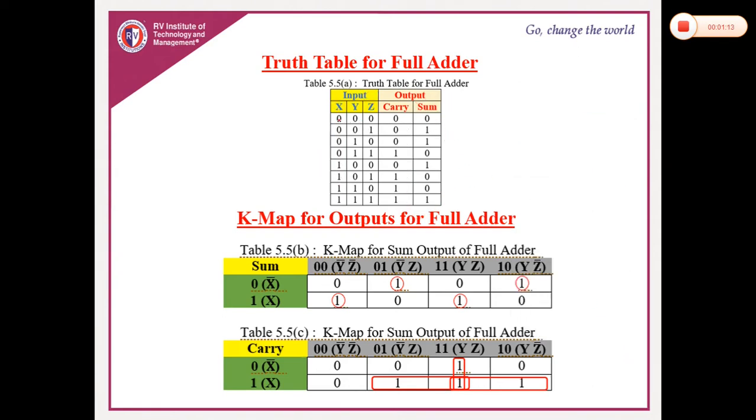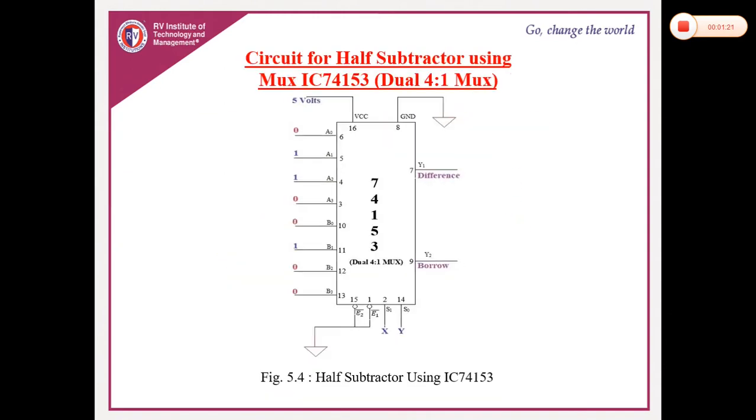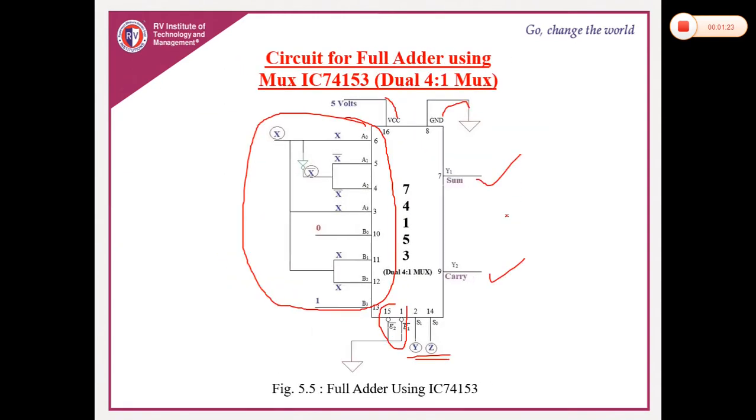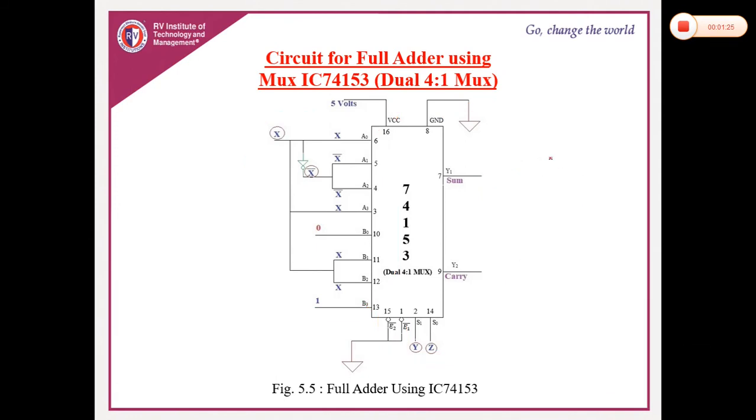If I take X, it is 0 0 0 0 1 1 1 1, and the sum output is 0 1 1 0 1 0 0 1. I'll concentrate only on that. So I am repeating, I'll just concentrate on the X input and the sum output.